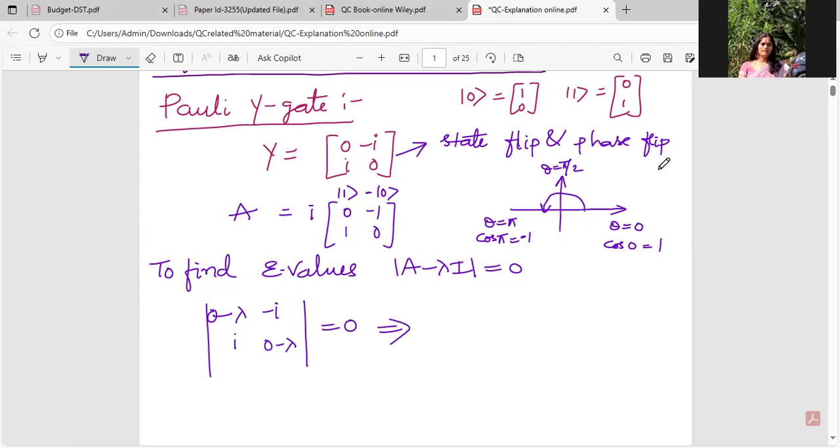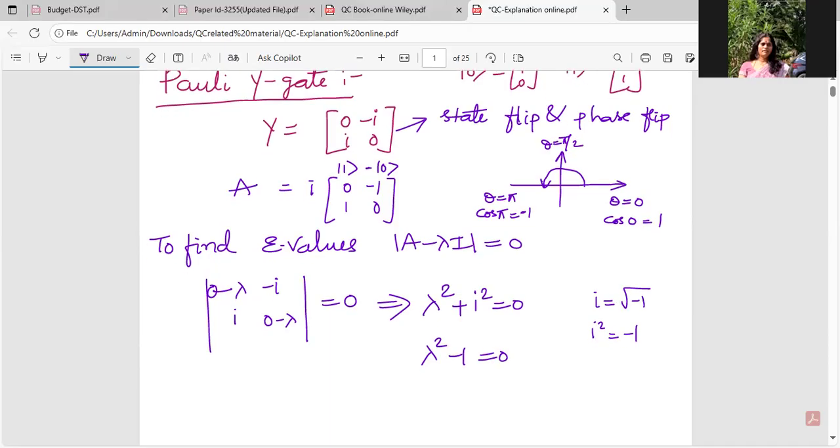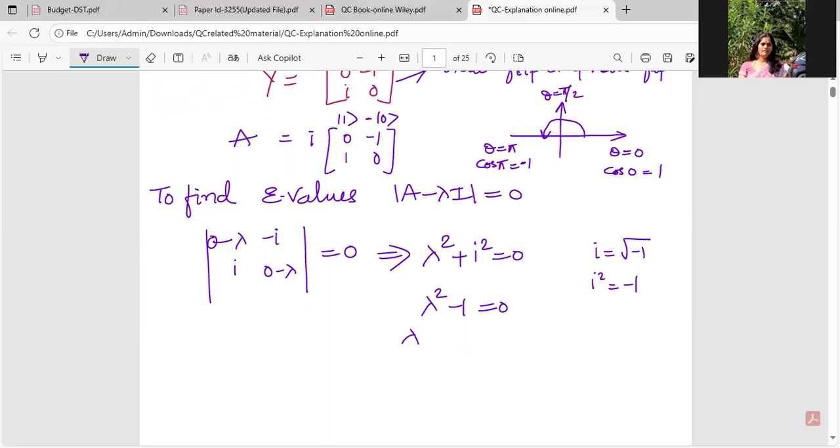If I go with the AD minus BC format, I will have lambda squared plus i squared equal to 0. As all of us know, i is equal to the square root of minus 1, so i squared is minus 1. Hence lambda squared minus 1 is equal to 0. Resolving it into roots with the a squared minus b squared format, a plus b into a minus b, lambda is equal to minus 1, 1.